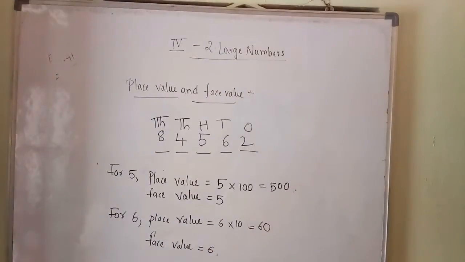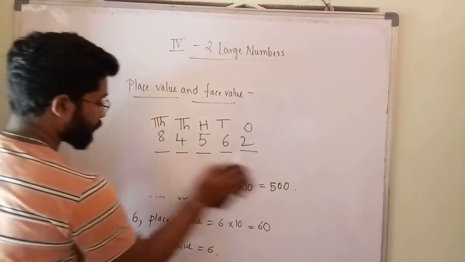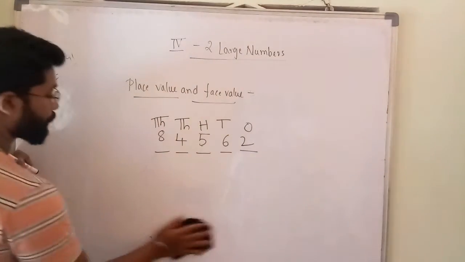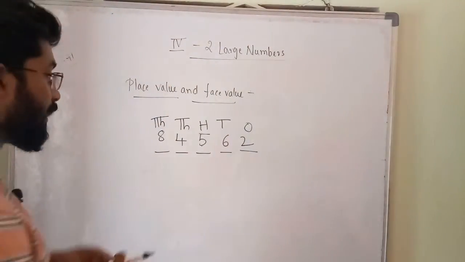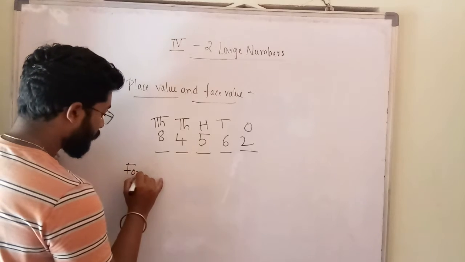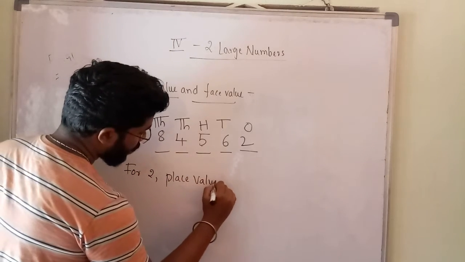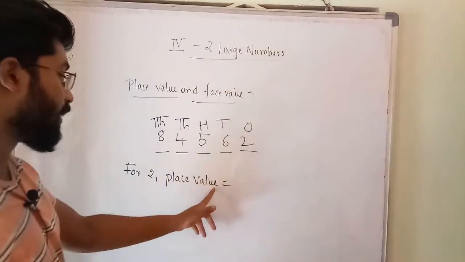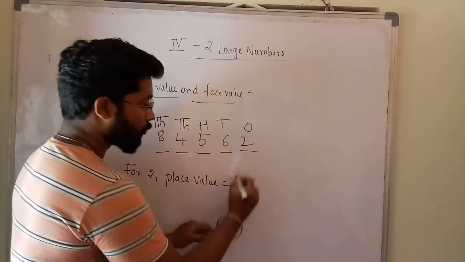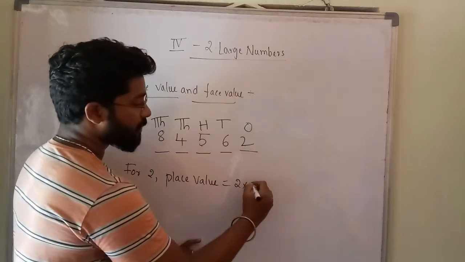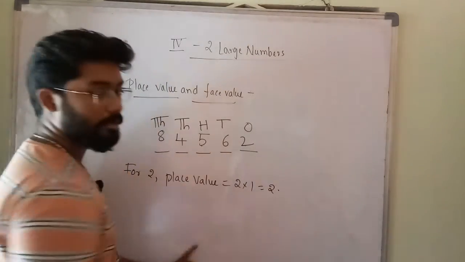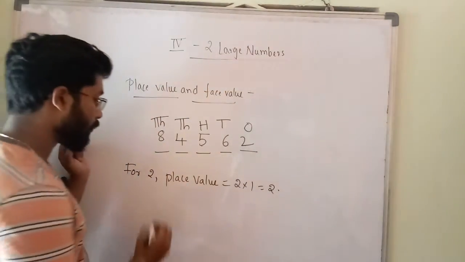Okay, so the last one we have is 2. We are finding for 2, no? For 2, what is the place value? The digit 2 into, in which place is it? The ones place. 2 into 1 equals 2. 2 is the place value. What is the face value?